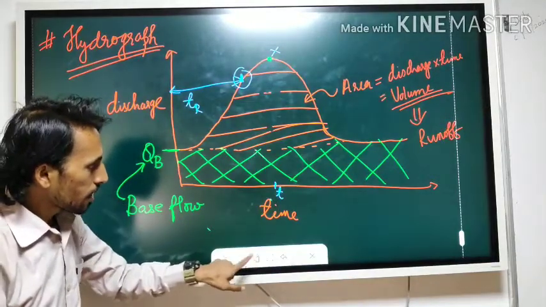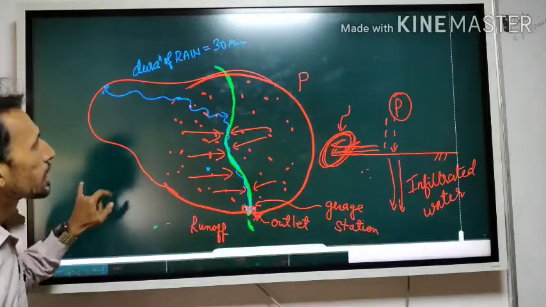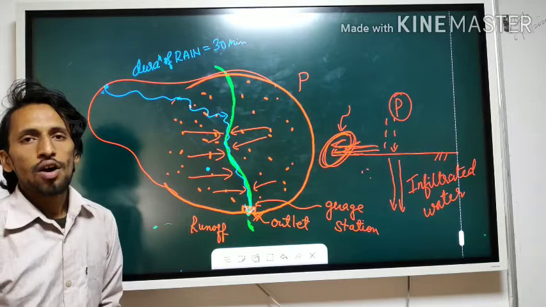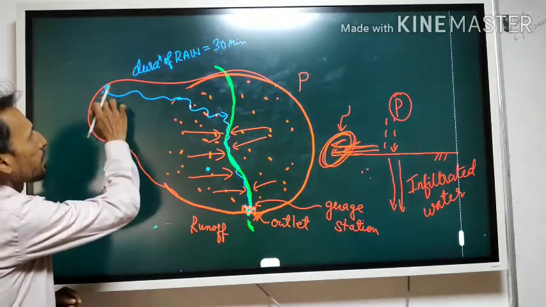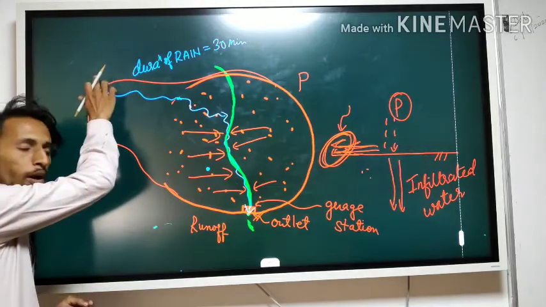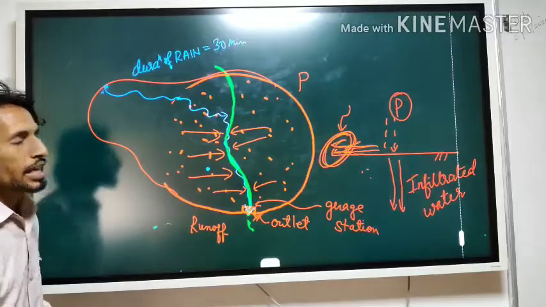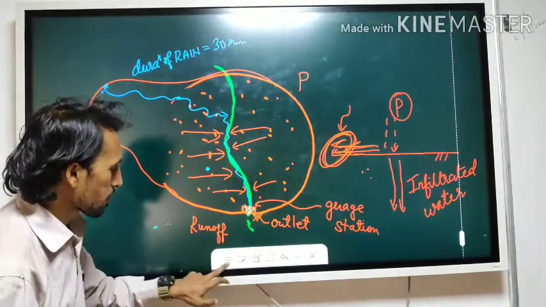Now, assuming that you understood that, the time which the particle of water takes to reach from the farthest point in the catchment area to the gauge station is called time of concentration.